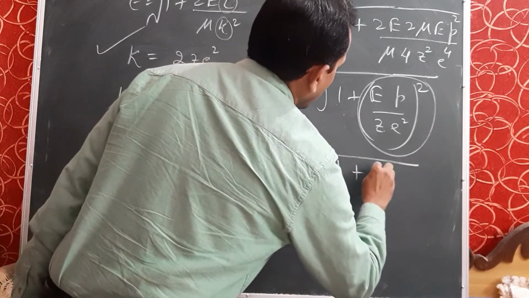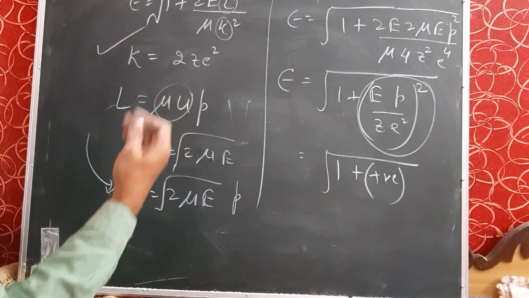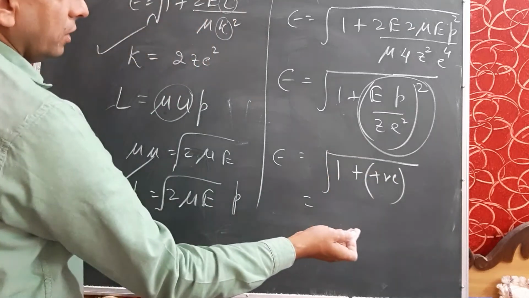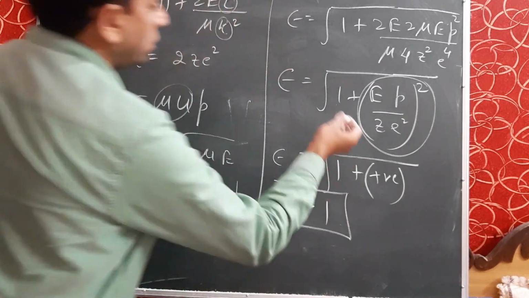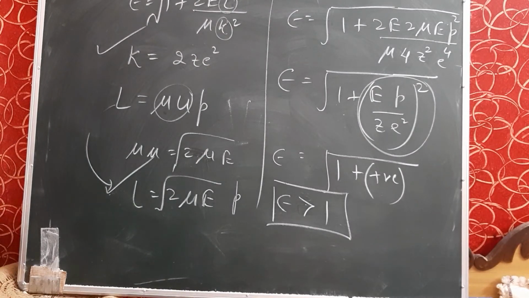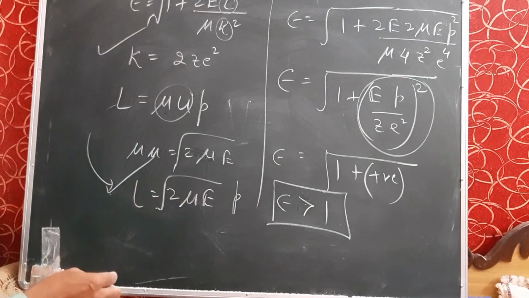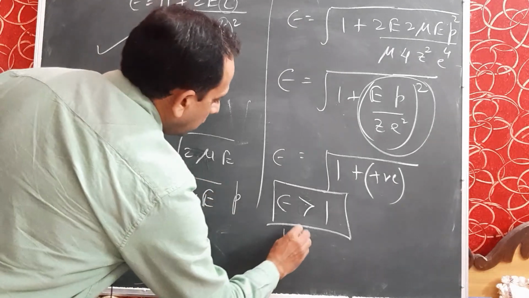So it becomes 1 plus a positive quantity, purely positive because it is a square of a real number. So 1 plus a positive quantity means more than 1, and hence epsilon is more than 1. It is confirmed that the eccentricity is always more than 1. Hence proved that the path followed by the particle under inverse square force is a hyperbola.